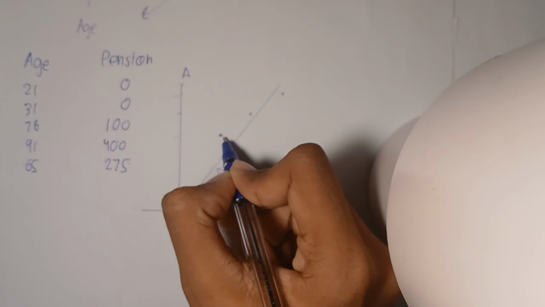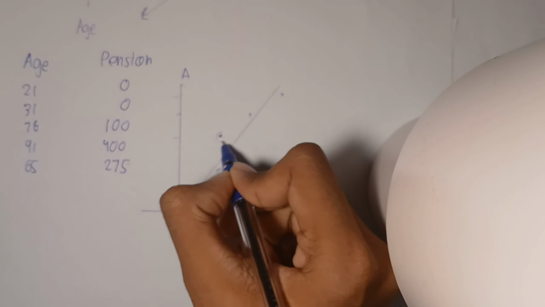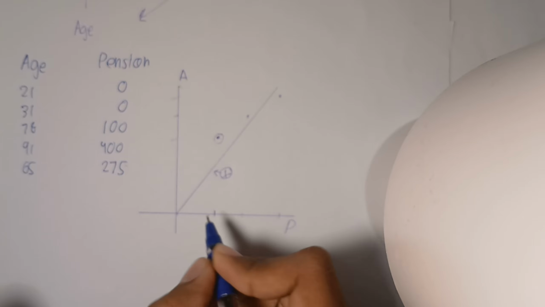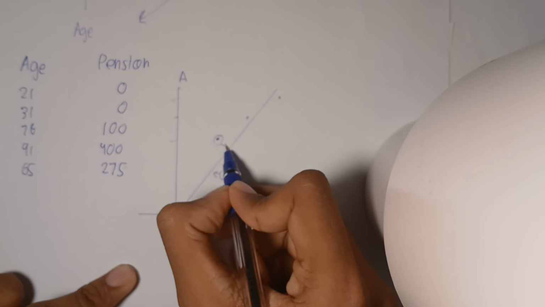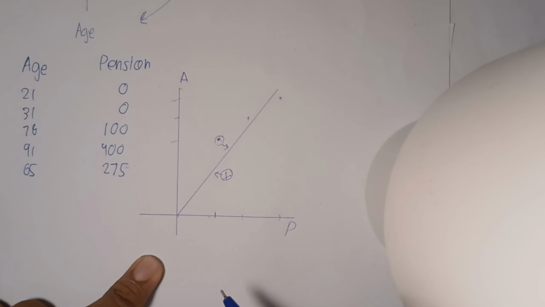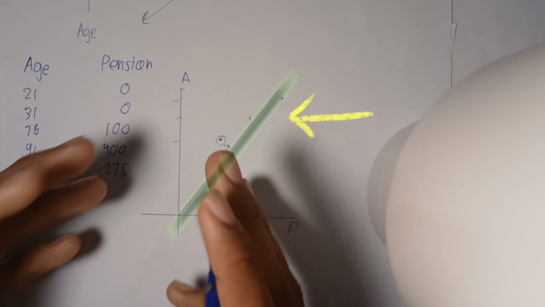The distance between the real values and the predicted values should be as close as they can possibly be to this line. This is what we call the best fit line.